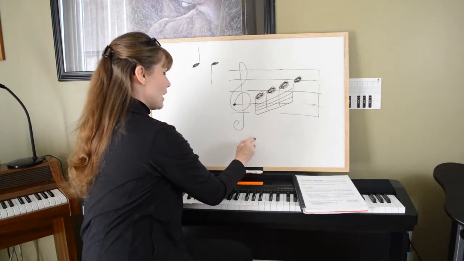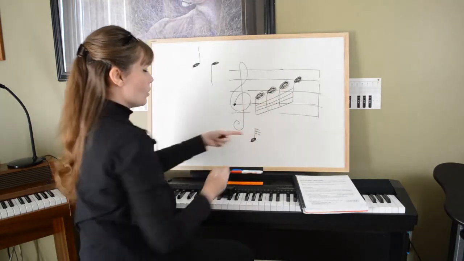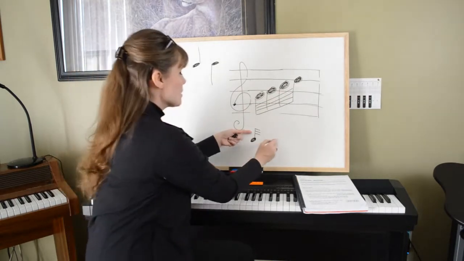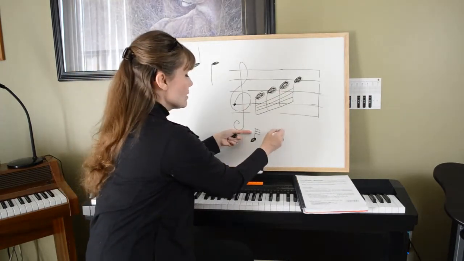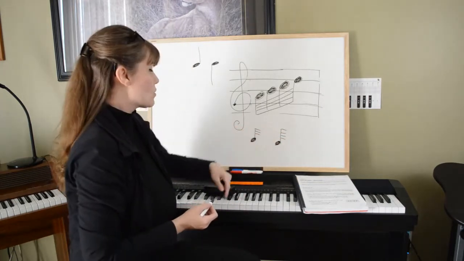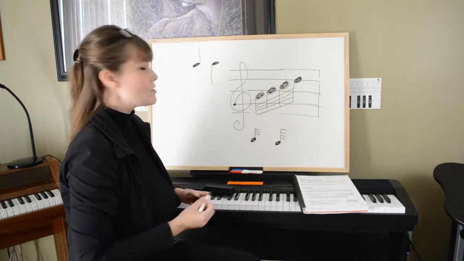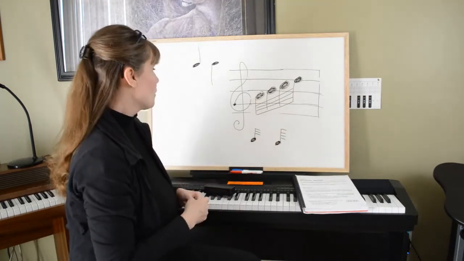So just to add that little bit more information in there, the 32nd note would have 3 flags, and the 64th would have 4 flags on it. So we do see those rhythms in more advanced music, just so you're aware of that.